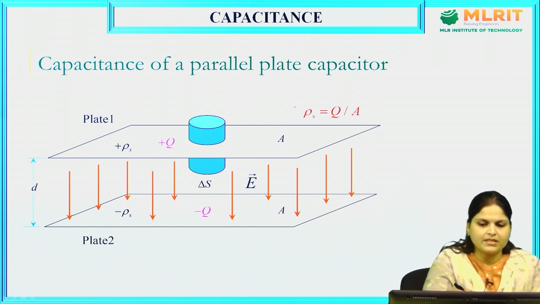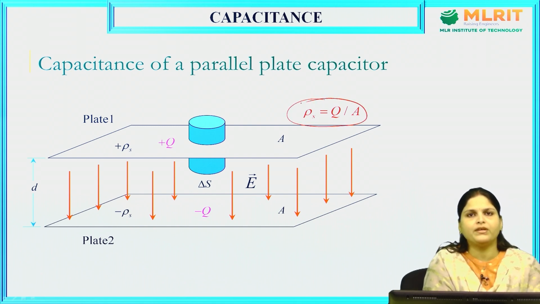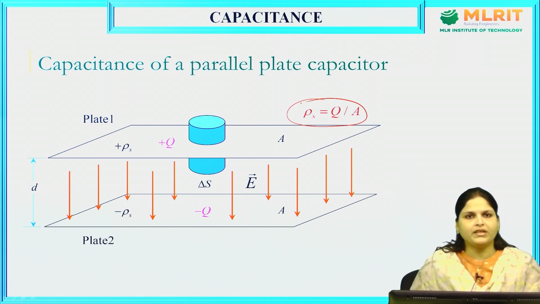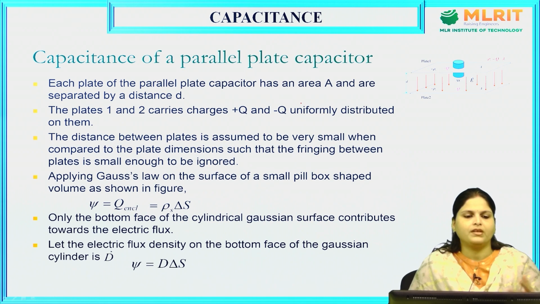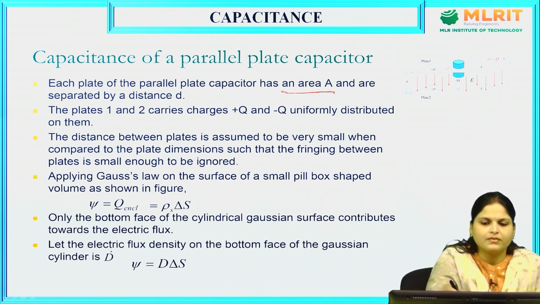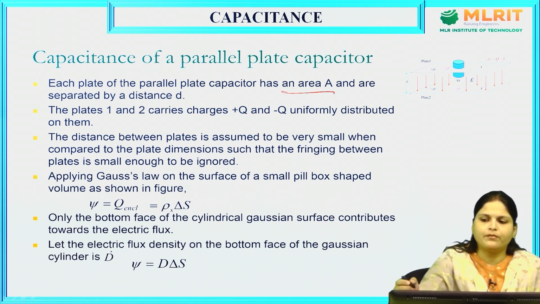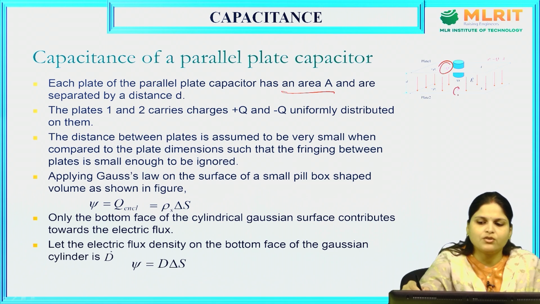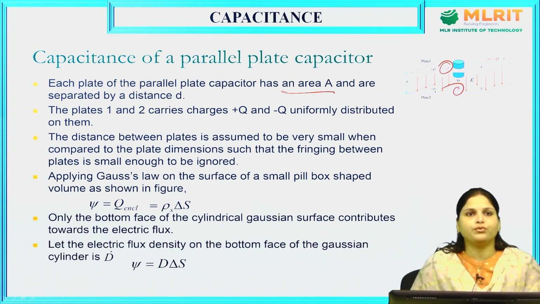Because it is a surface, surface charge density will be there, which is given by rho S, equal to charge per unit area. There are some points we will discuss. We already discussed that the area is A and the plates are separated by distance d. On plate 1 you can see positive Q charges, on plate 2 negative Q charges, distributed uniformly.